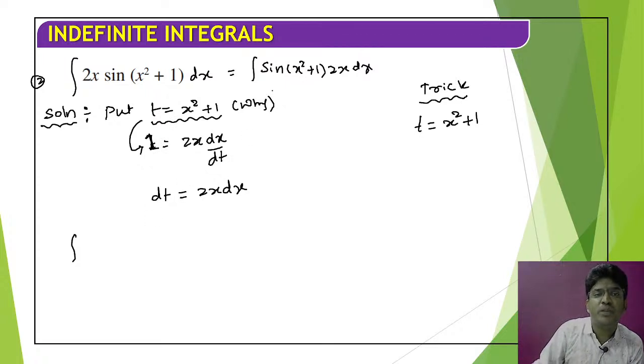And x square plus 1 will become t. So if I replace 2x dx as dt and x square plus 1 as t, it will be sin of t dt.